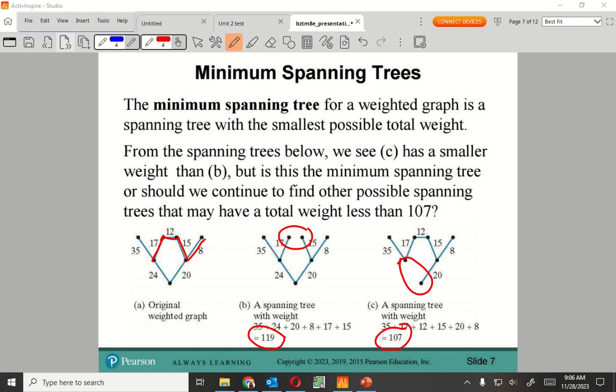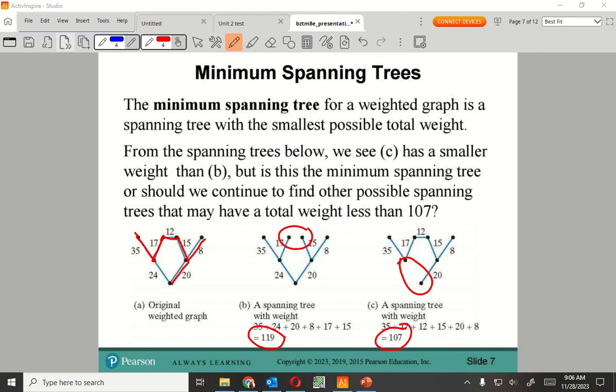Okay, smallest number here. Is everything connected? And then there's only one going to this. So that one right there would be the smallest version of that graph. So the 107 is going to be the smallest.